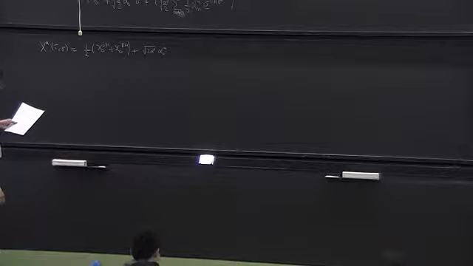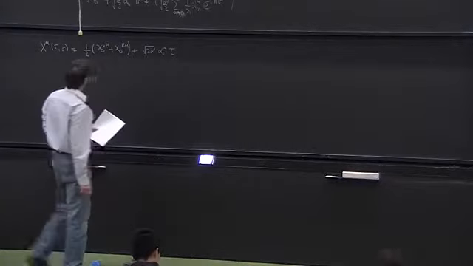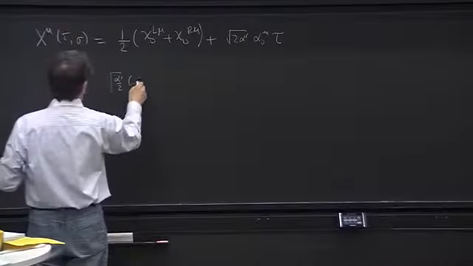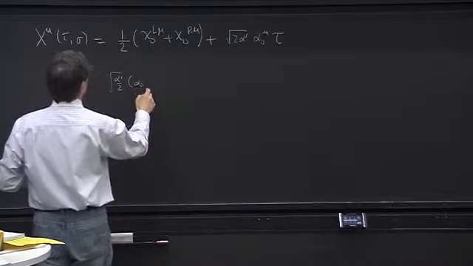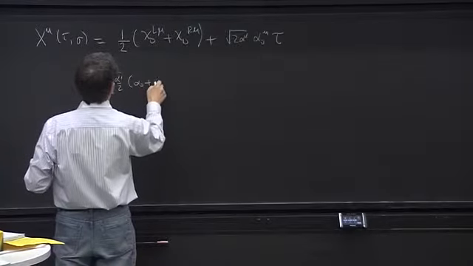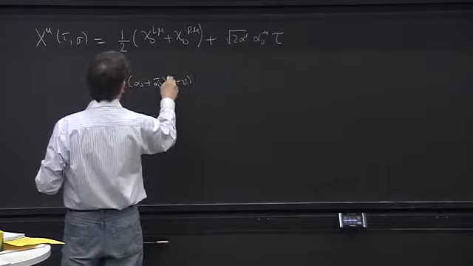Now somehow, am I off by a factor of 2? I have in my notes just here a tau in here. This should be square root of alpha prime over 2, alpha 0 u plus alpha 0 bar v.